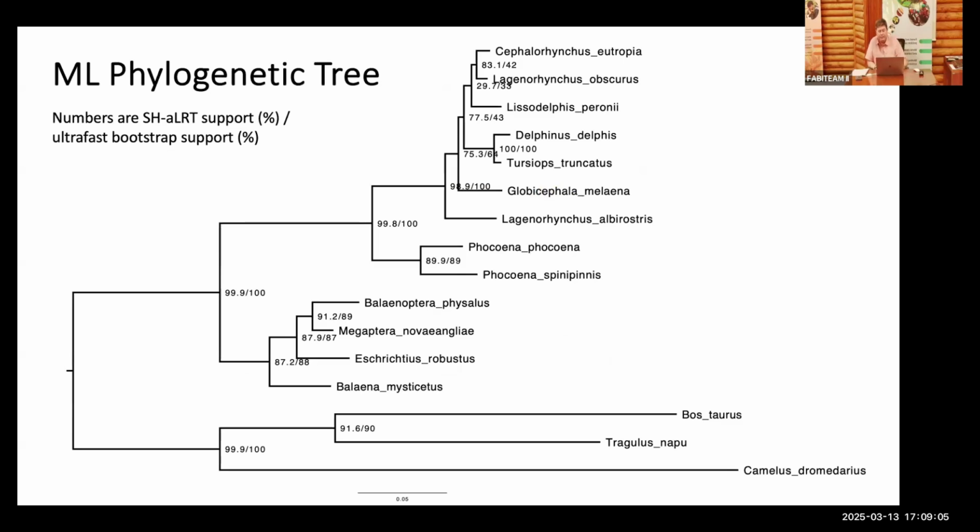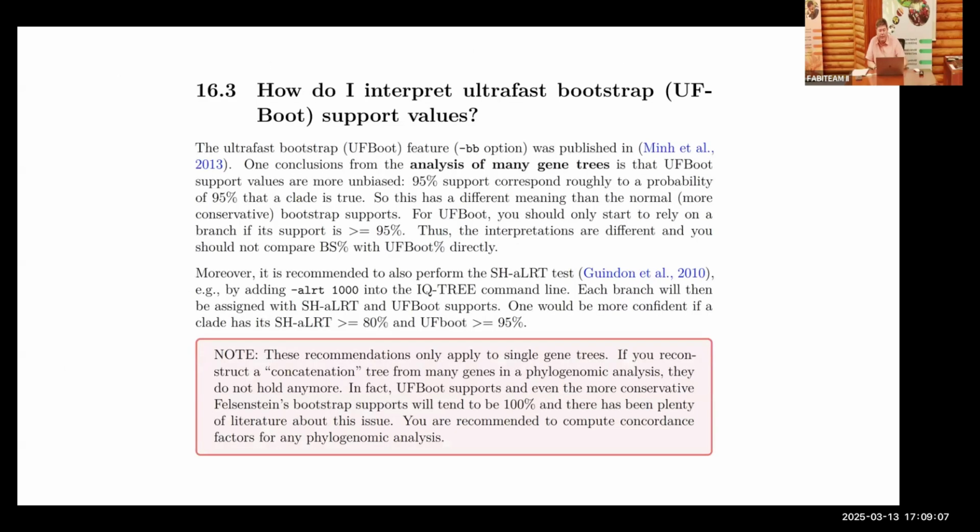Here's the phylogenetic tree. I've already talked about ultra-fast bootstrap support. This was taken directly from the manual, just to remind you that ultra-fast is a very quick way of getting a bootstrap value. It uses hill climbing and other types of optimization algorithms.